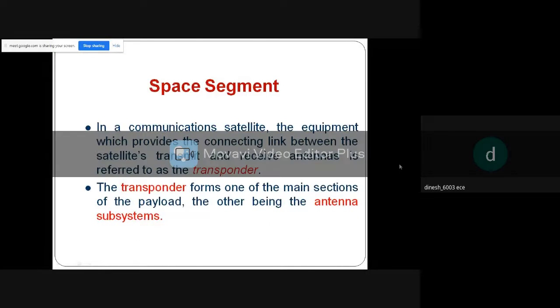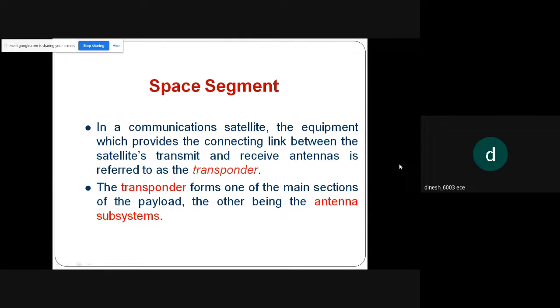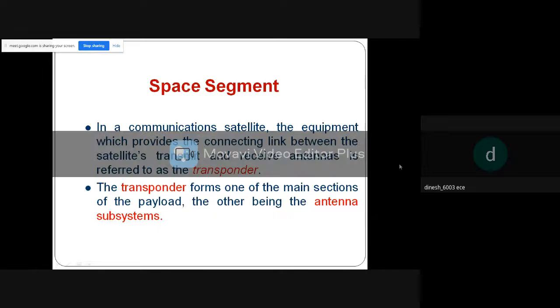So coming next, what is present in your space segment? In a communication satellite, the equipment which provides a connection between the satellite's transmit and receive antennas is called a transponder.